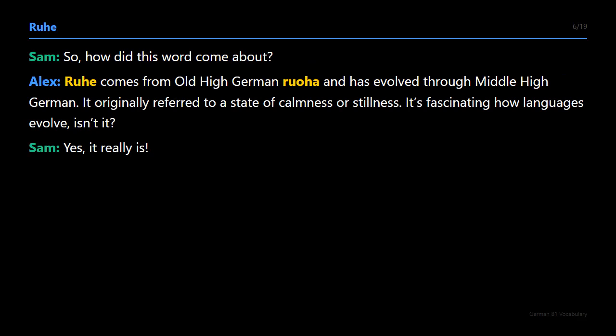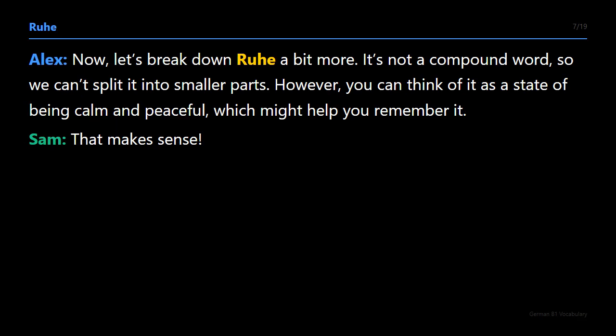Yes, it really is. Now, let's break down Ruhe a bit more. It's not a compound word, so we can't split it into smaller parts. However, you can think of it as a state of being calm and peaceful, which might help you remember it. That makes sense.